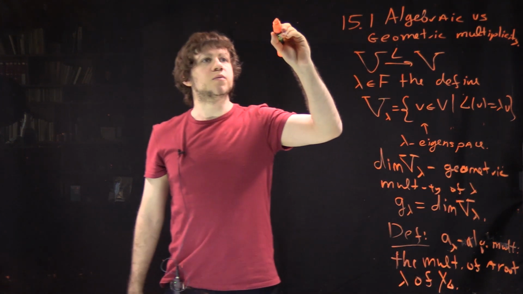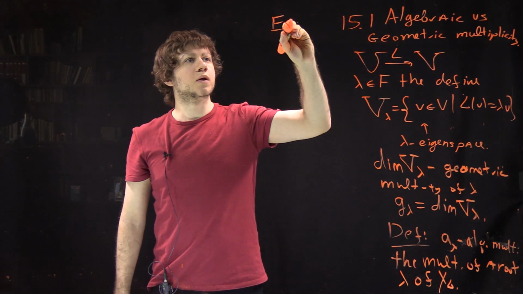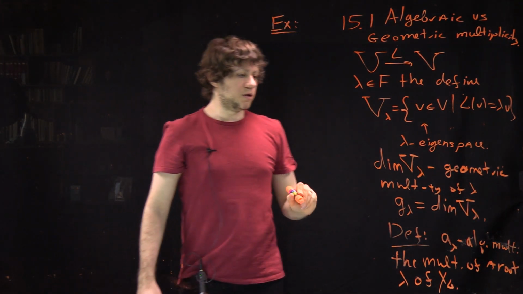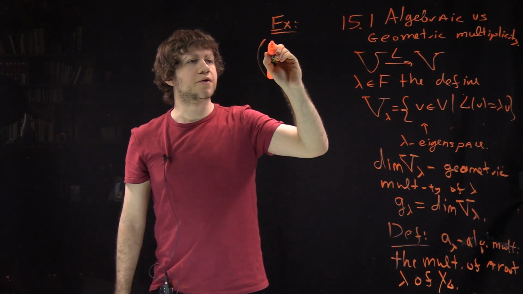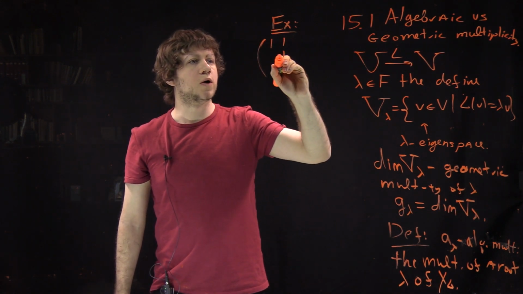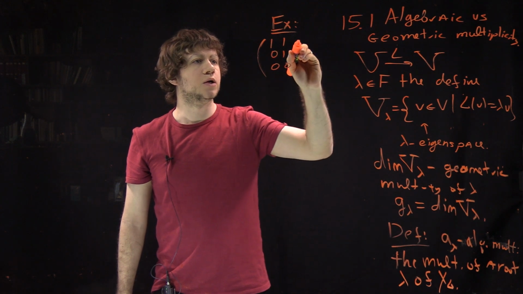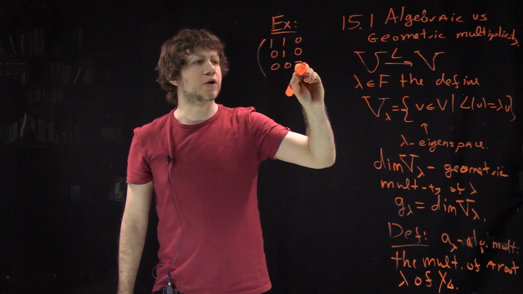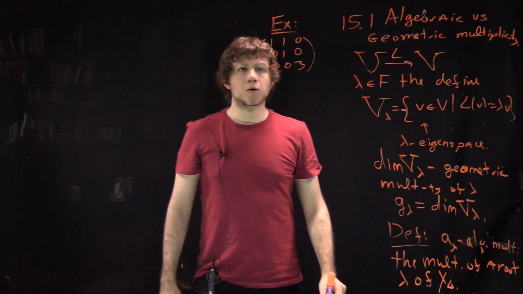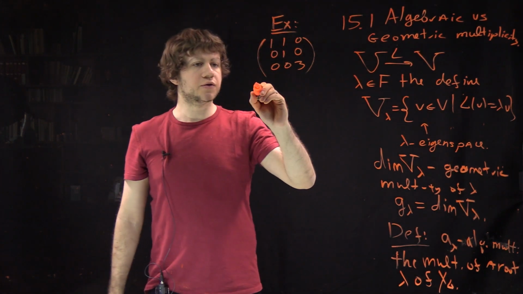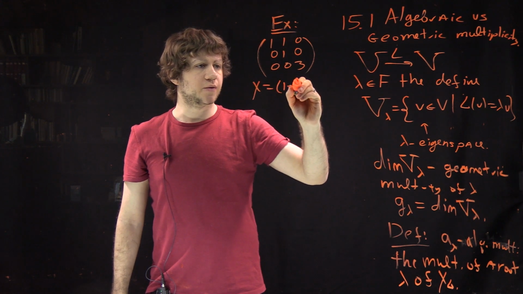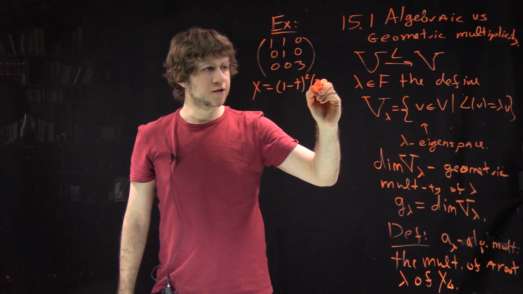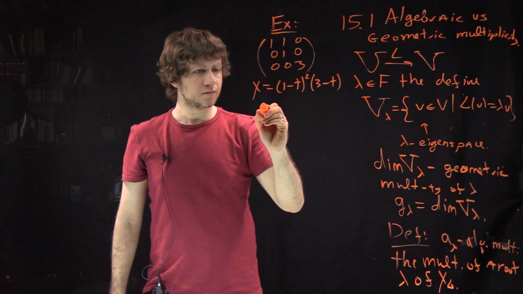So here is an example. For instance, you can take a matrix like 1, 1, 1, 0, 0, 0, 0, 0, 3. The characteristic polynomial is, since it's very easy to see, (1 minus t) squared times (3 minus t).